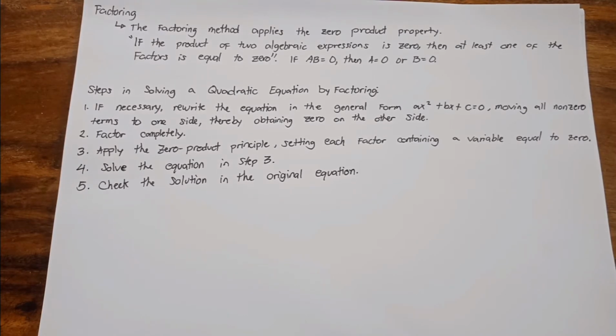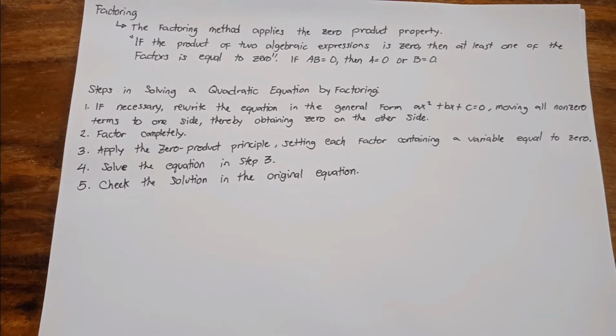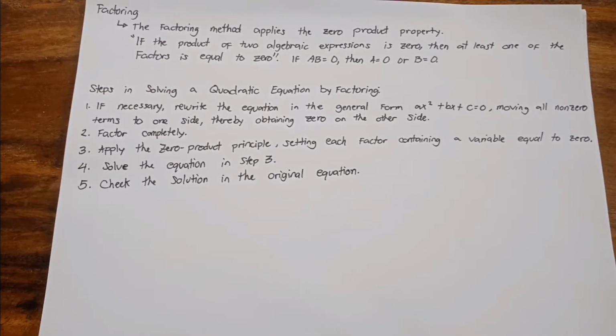Second, factor completely. Third, apply the zero product principle, setting each factor containing a variable equal to 0. Number 4, solve the equations in step 3. Lastly, check the solution in the original equation.